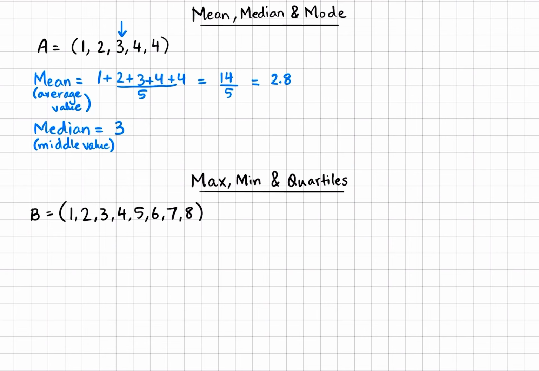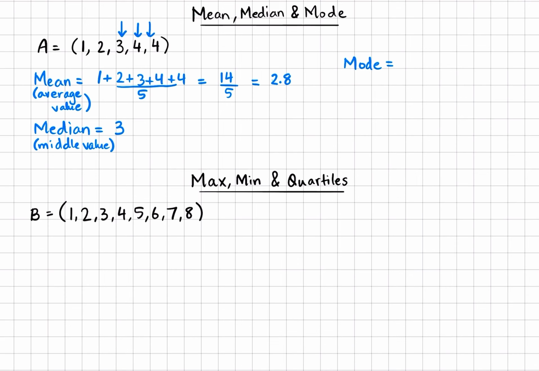All right. The mode is something very different from the other two. The mode is which number or which value is most repeated in the data set. And in this case, it's 4. Most repeated.